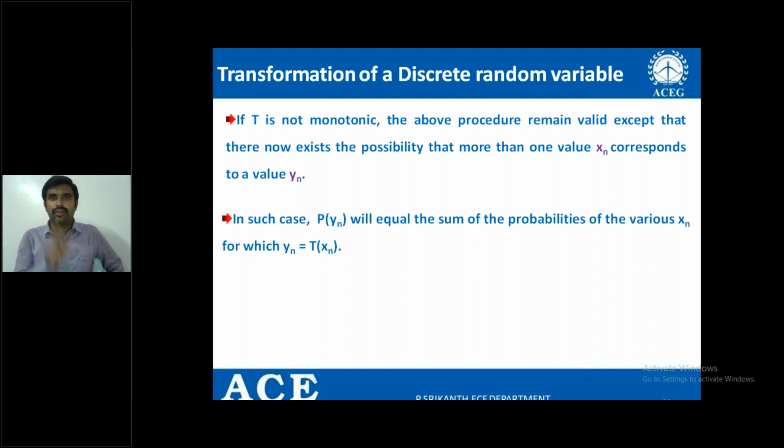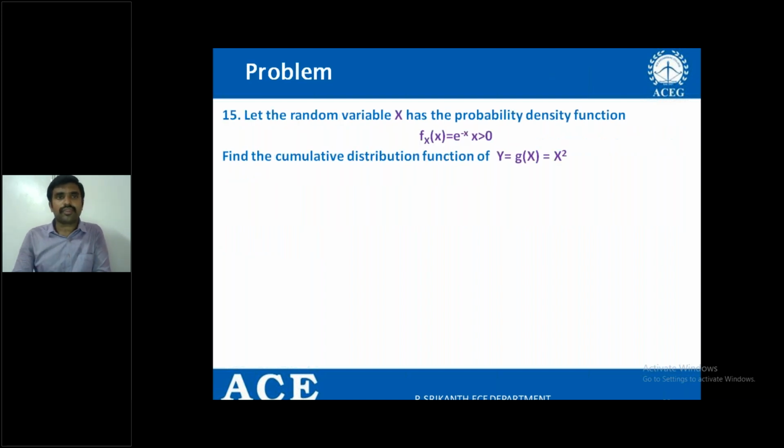Same method. So individually you need to find and sum together to derive the new probability value, from which you can derive the new density function. Right. Let us take a simple problem based on the transformation. There you can understand better.